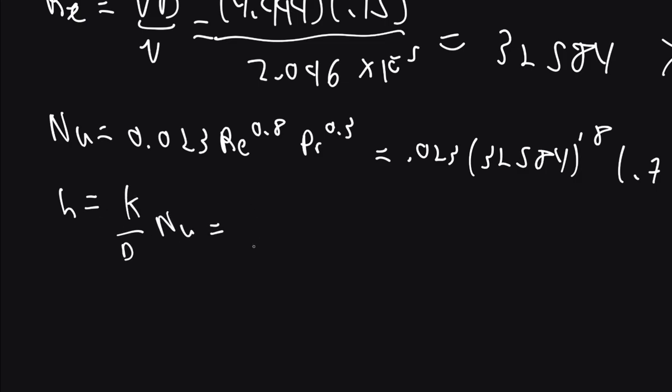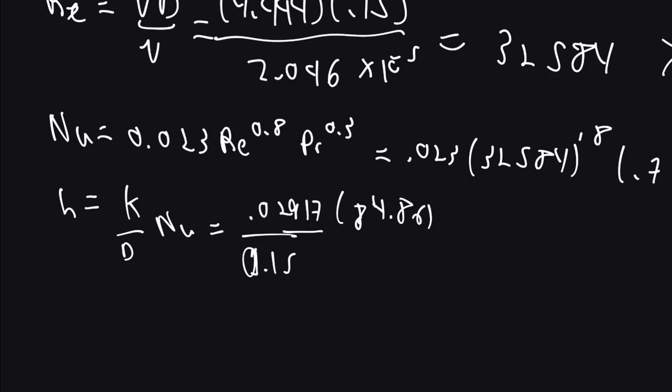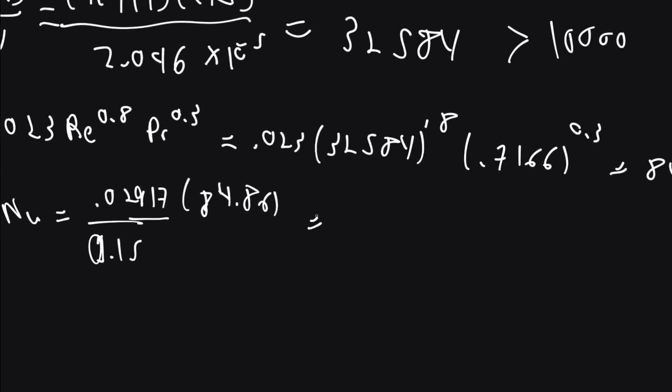We're given all of these things: the hydraulic diameter, 0.15, and 84.86. Calculating h, that is 16.5 watts per meter squared C.